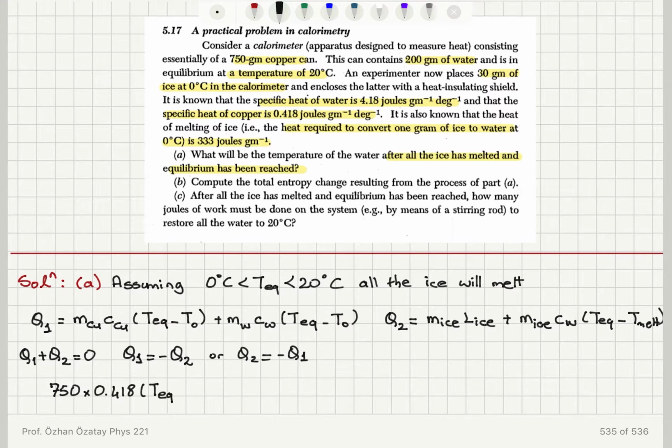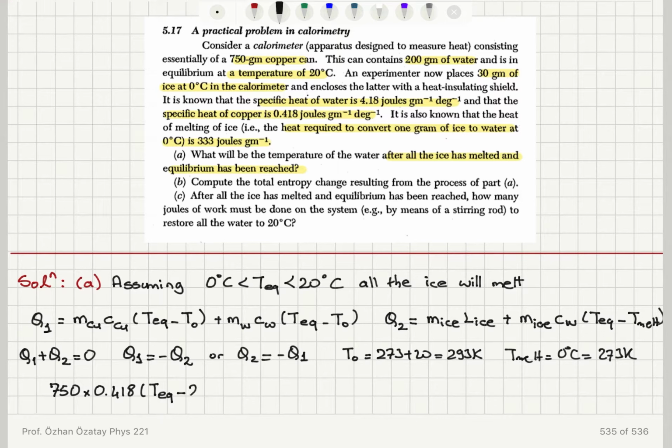The initial temperature I know is 20 degrees Celsius. So not to make a mistake, let's do everything in Kelvin. So T0 is 273 plus 20, 293 Kelvin. And the melting point is 0 degrees Celsius, which is 273 Kelvin.